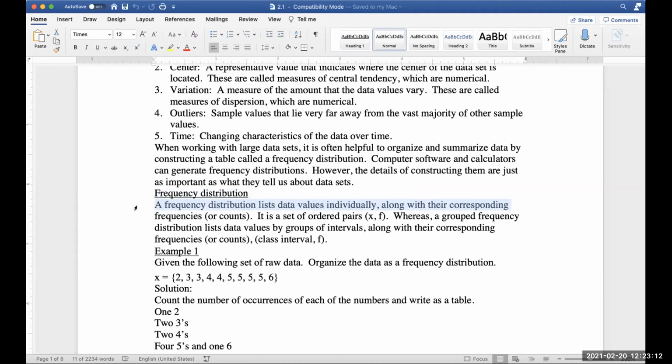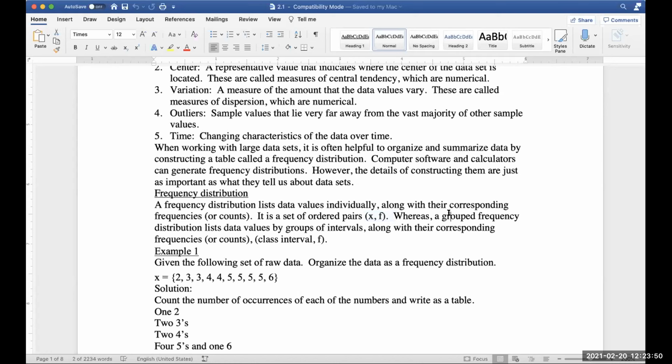A frequency distribution lists the values of the random variable along with their corresponding frequencies, the corresponding counts. So a frequency distribution is a set of ordered pairs X, F, where X represents the value of the random variable, and F represents the corresponding frequency or count of those values of the random variable.